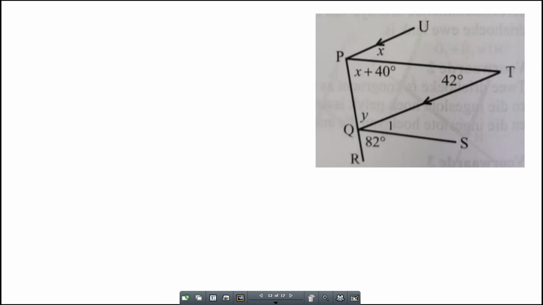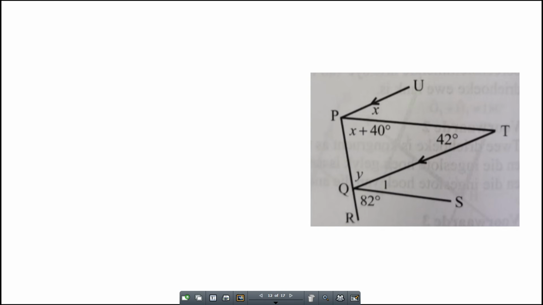Okay, by D sê hulle vir my, in die diagram is PE parallel aan QT, sorry. Angle T is 42, RQS is 82, PQT, they give us this Y, and then UPT is X, and our hoekie P is X plus 40.